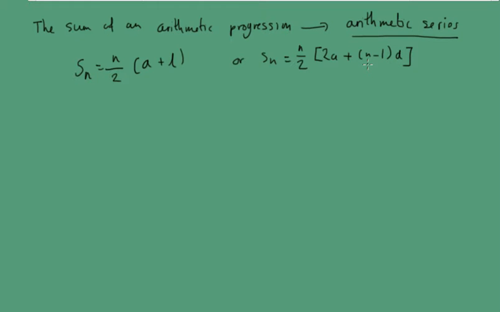Now, let's prove this. Let's look a wee bit at maths history. The famous mathematician Carl Gauss, when he was a child at age 7 or 8, his maths teacher was exasperated with the fact that he always finished his maths problems really quickly.